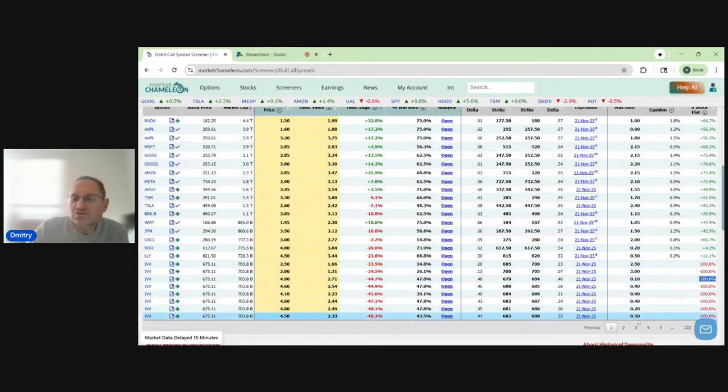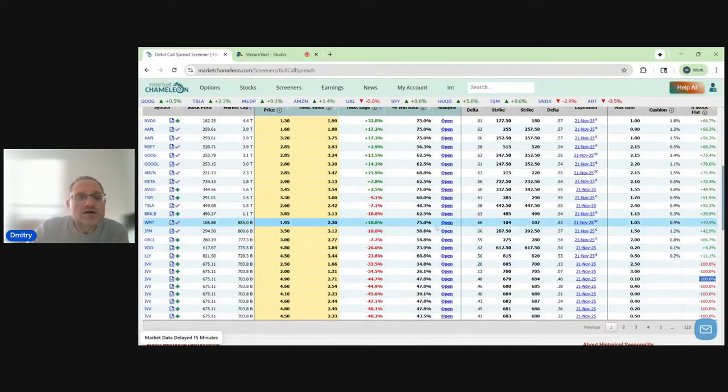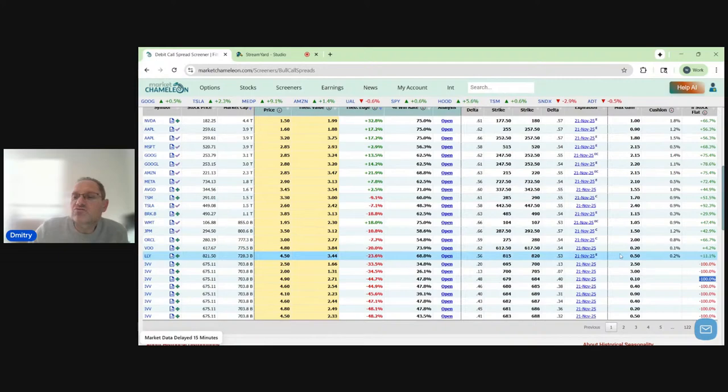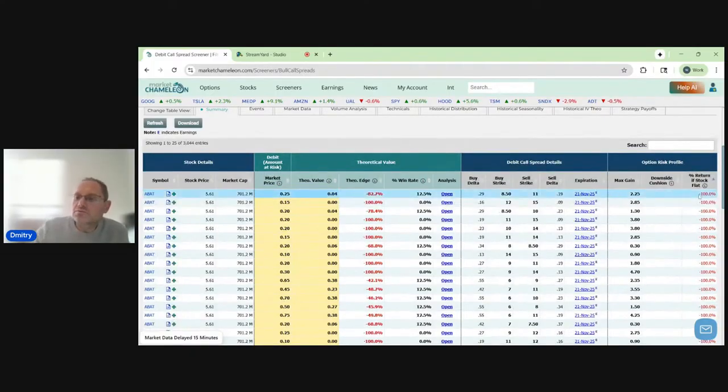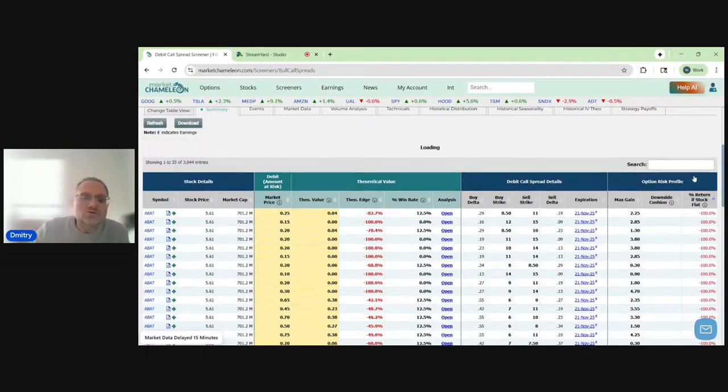Here's an IVV. But this quickly goes through, does these scans for us, and we could actually sort by this. Let me see if I could sort by return if flat. This is the lows to highs, so let's do it this way.